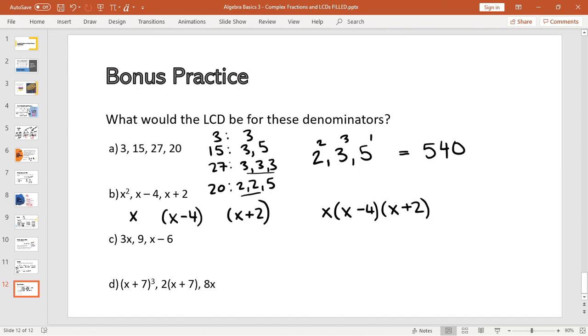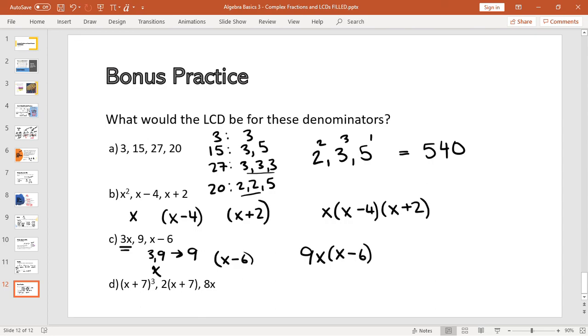Looking at C, so this 3x is 3 times x. So we have numbers and they're 3 and 9. For 3 and 9, they both go into 9. Now that x by itself is in play. And then you also have an x minus 6, different than an x. So our LCD is the 9, the plain old x, and the binomial x minus 6.